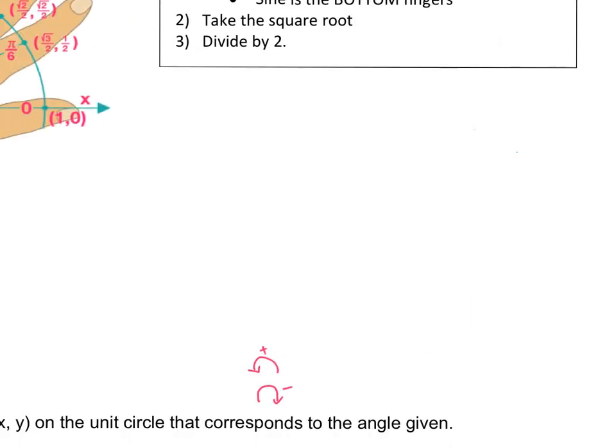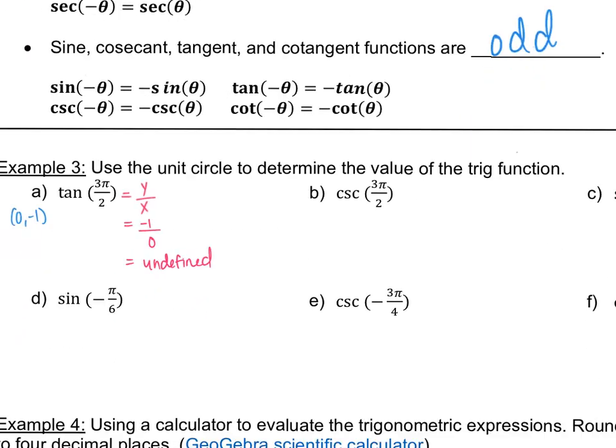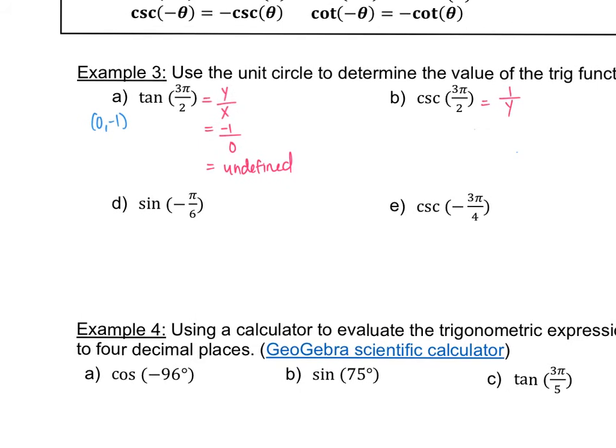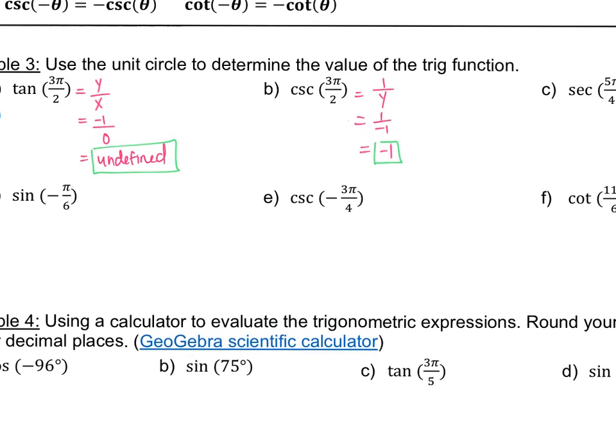So let's write that in. So cosecant is 1 over y, and y here is -1. So I'm going to pop that there. So that's 1 over -1, which is -1. So my cosecant here is -1. And that was my tangent.